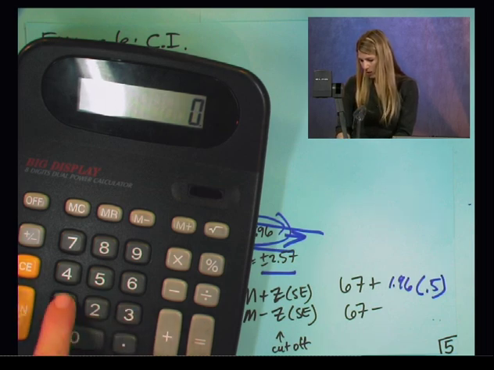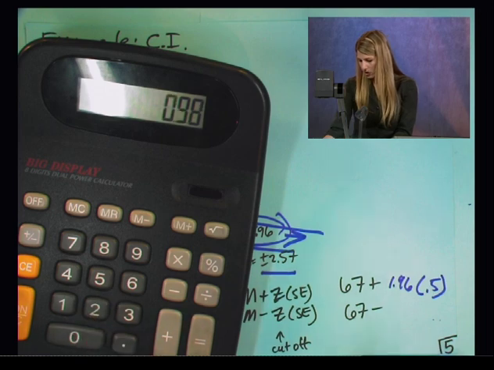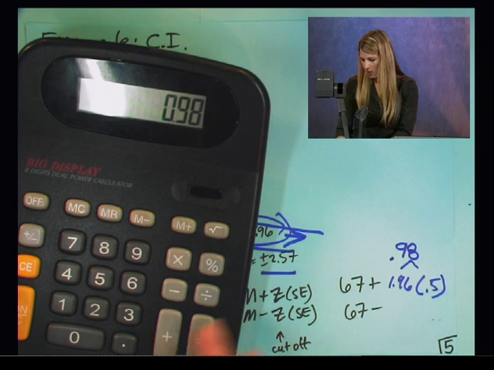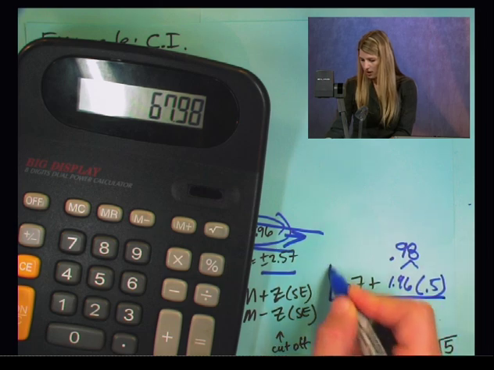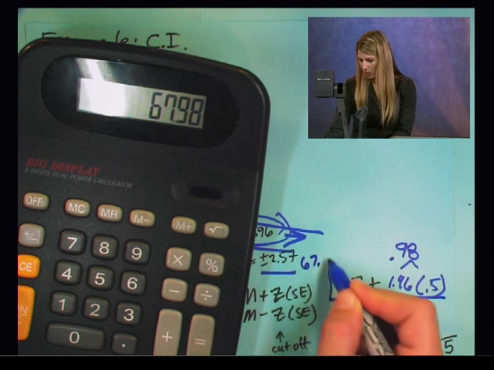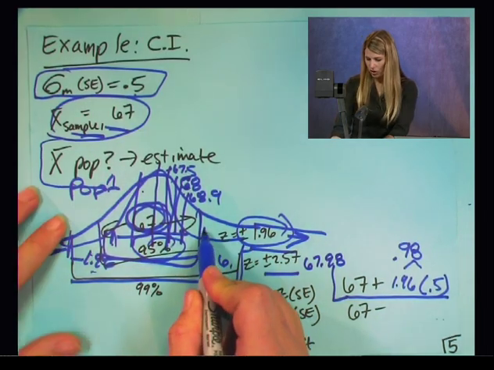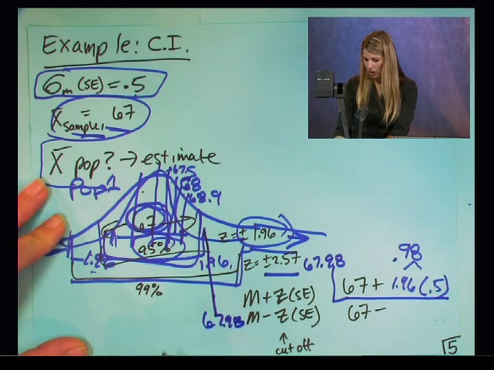We have 1.96 times 0.5 equals 0.98, and you add it to 67. So if you add these together, it is 67.98. And that's the upper limit of your confidence interval. So that's what goes right here, 67.98. That's a raw score, the upper limit.